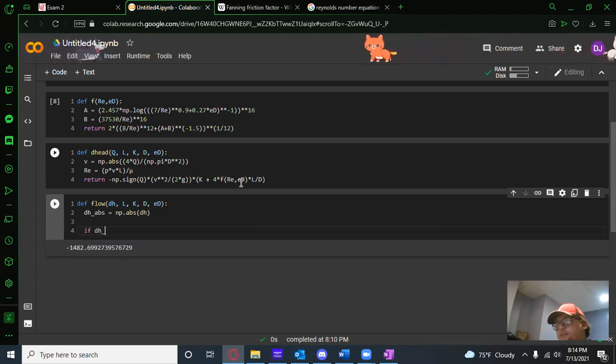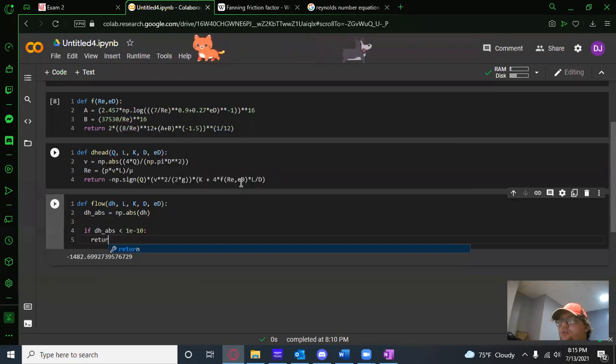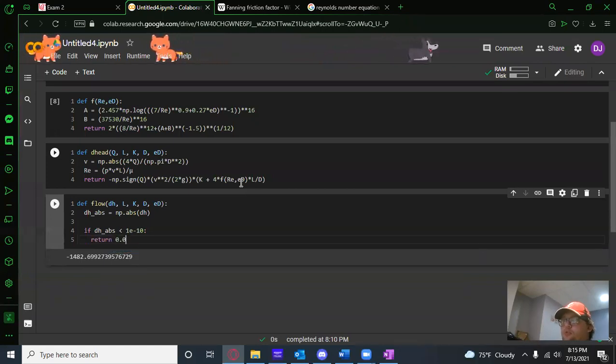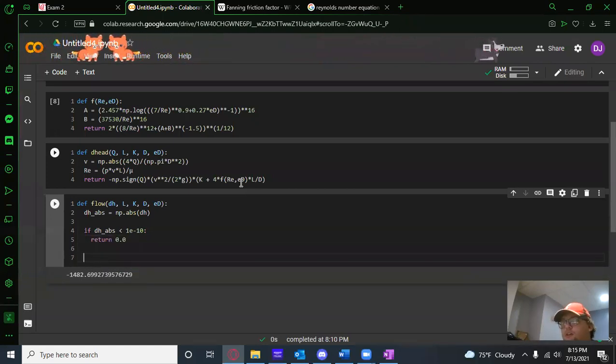So if dH absolute is less than 1e negative 10, return 0.0. So the 0.0 basically helps it converge. We're using Newton inside the function, I should say.